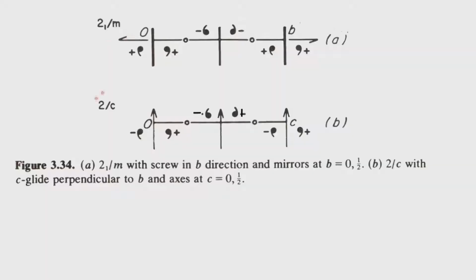The same is true in the case of 2 by C. You see that the twofold axis which is going perpendicular to that stays along with the center of symmetry, whereas the glide plane stays along with the center of symmetry. The non-translational symmetry element, the twofold, is moved by 1/4.